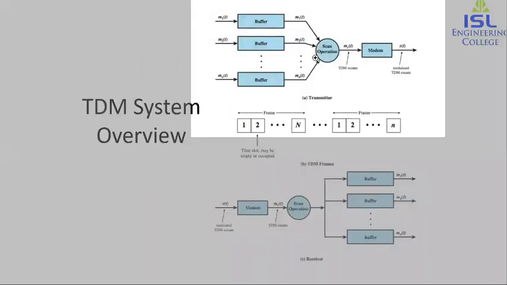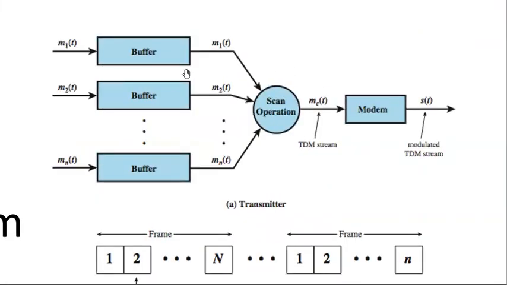Let me zoom it. This is a generic depiction of synchronous time division multiplexing. If we have a number of signals M1, M2, and so on up to Mn, and they are to be multiplexed onto the same transmission medium, that is, combined onto the same transmission medium, the signals are carrying digital data and are usually digital signals.